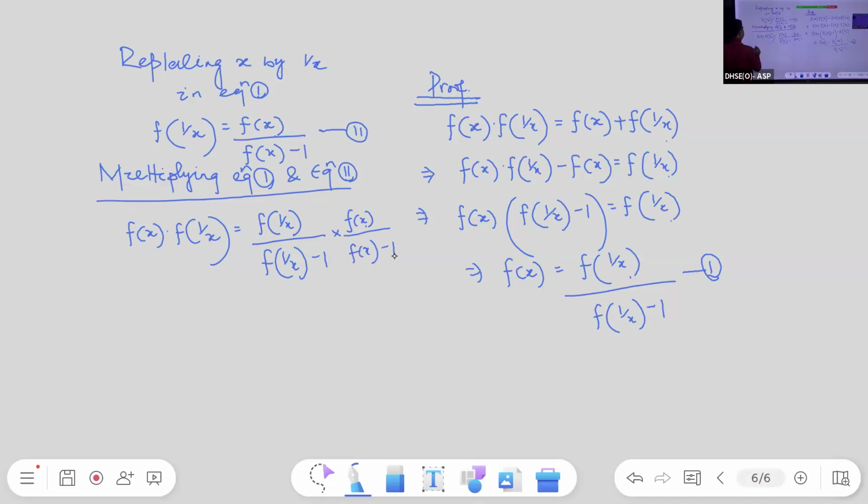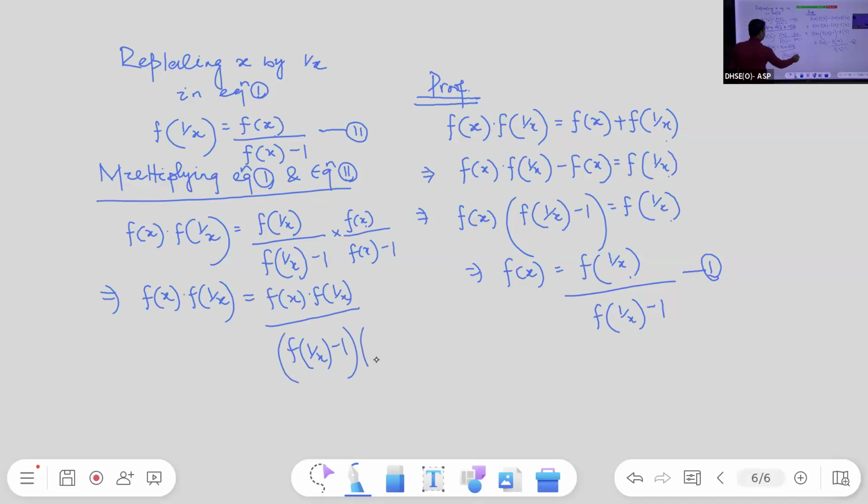This implies f of x into f of 1 by x is equal to f of x into f of 1 by x upon f of 1 by x minus 1 into f of x minus 1.